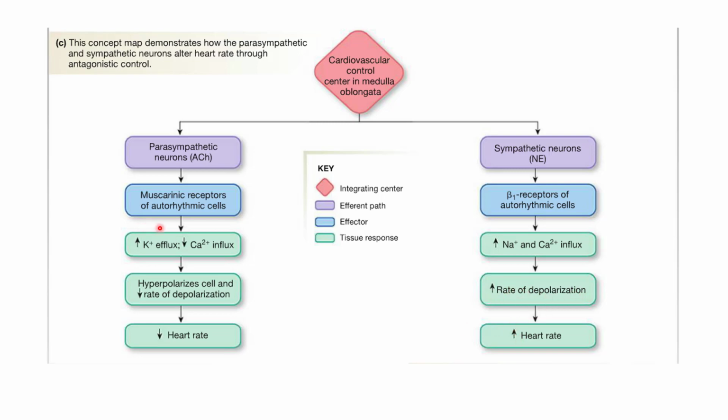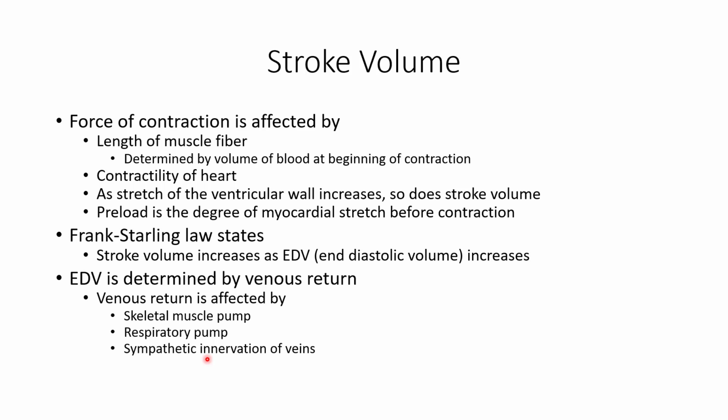Or we hyperpolarize the cell with the parasympathetic by increasing the amount of potassium flowing out of the cell, or decreasing the amount of calcium coming into the cell, and that lowers heart rate. So that's one way we control our cardiovascular system: through heart rate alone.